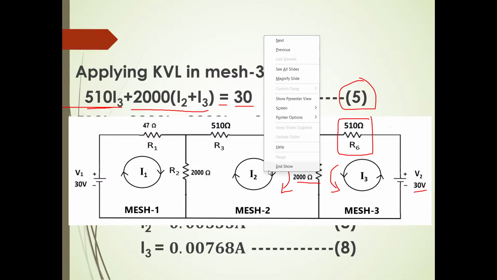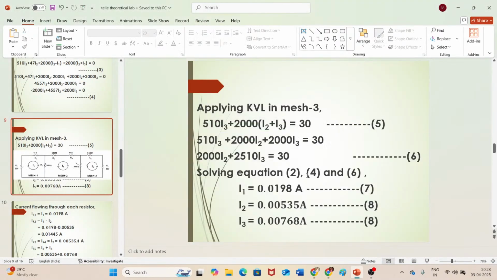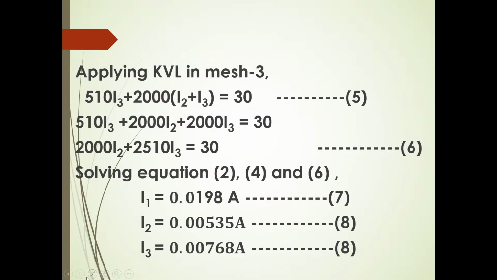Now let me delete this circuit here. So now let us simplify this. So 510 I3, I have kept it as it is. 2000 into I2 plus I3 is there, so just expand it. 2000 into I2 plus 2000 into I3 equal to 30. Just simplify it, you will get 2000 into I2 plus 2510 into I3 equal to 30.